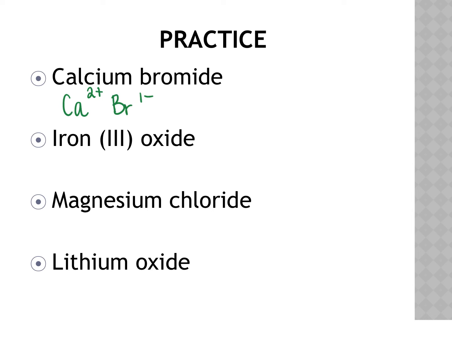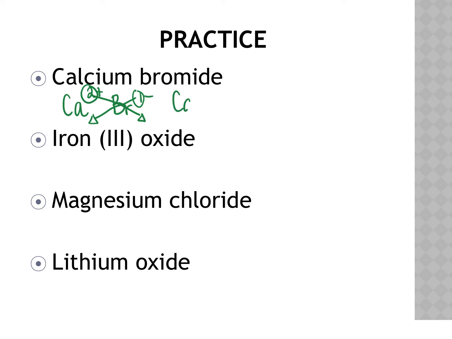So ionic compounds have to be neutral. Right now, if we just did CaBr, are those electrically neutral? No, right? We have a +2 charge and a -1. So that crisscross rule is our technique to make them neutral. Again, for the crisscross rule, you take the number only and you bring it down as a subscript. Then I take the number only and bring it down as the subscript.